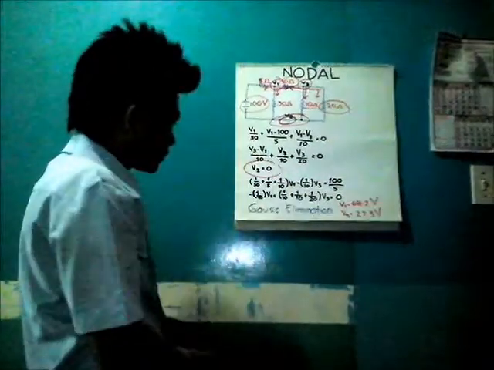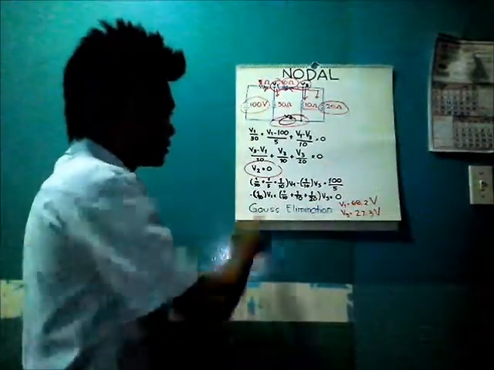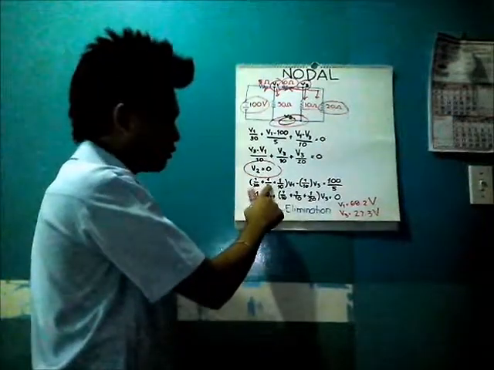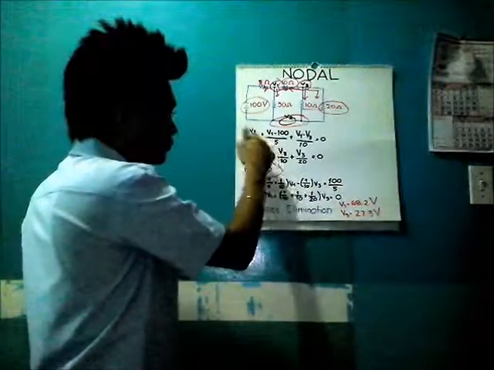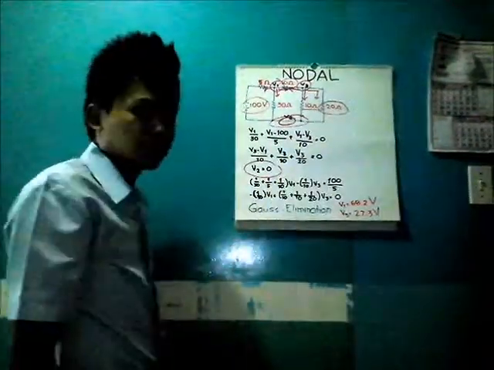If we transpose, we will have 1 over 30 plus 1 over 5 plus 1 over 10, all multiplying V1.